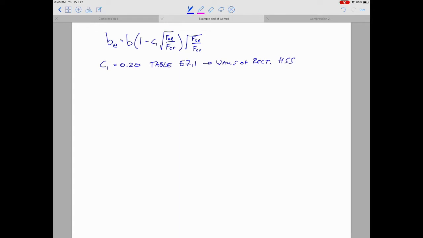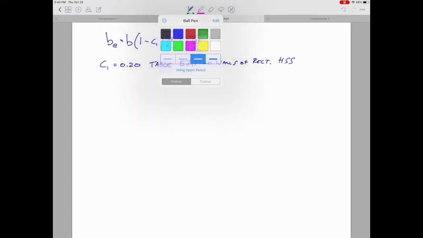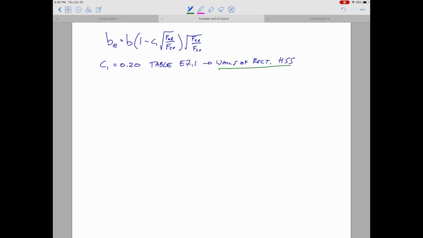So basically, this is a plate with a particular type of boundary conditions. So we have some constant that informs us about different behaviors of the plate buckling.